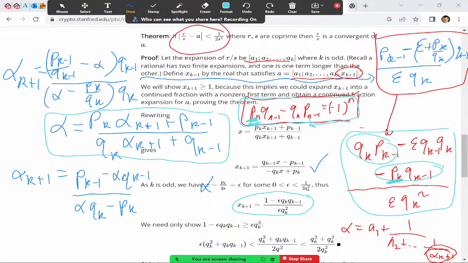This equals qk minus 1, epsilon plus qk over, plus qk minus over. Is that true? Yeah, okay.